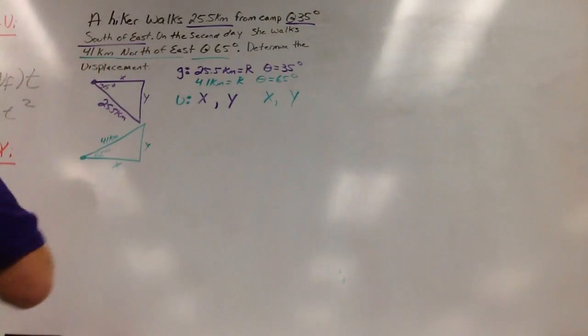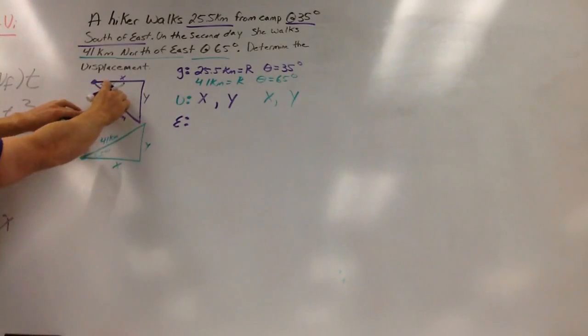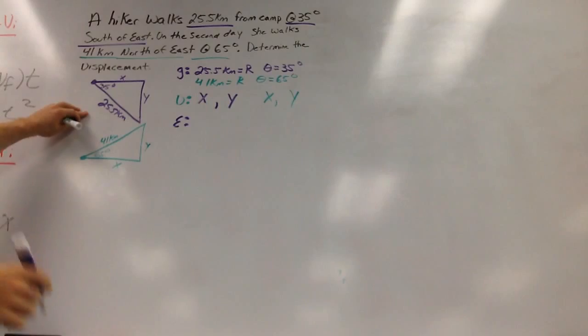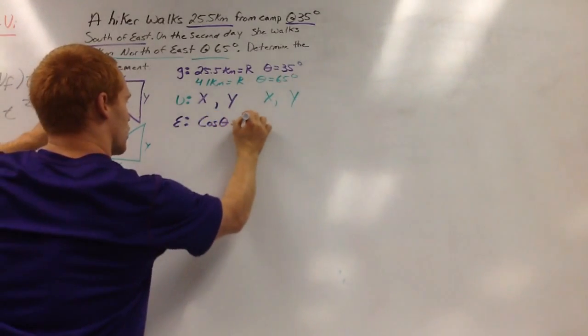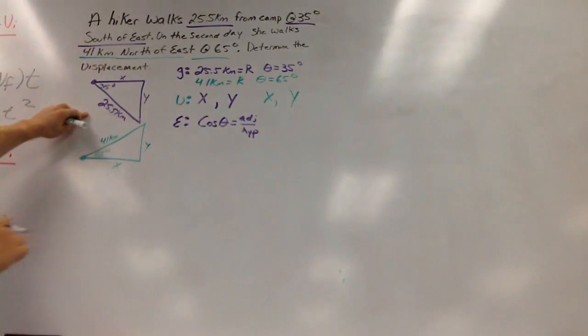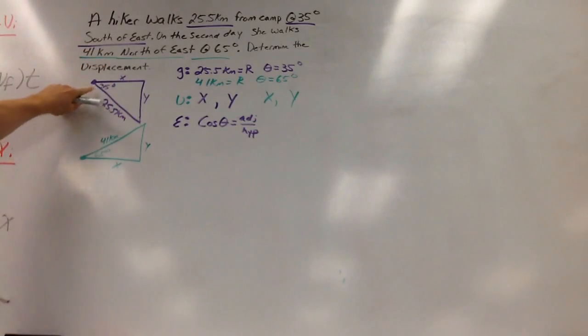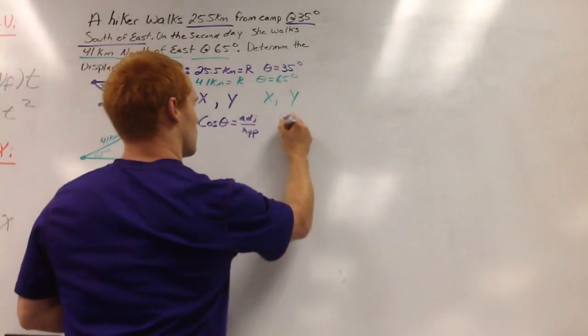So the equation we are going to use: we have hypotenuse, we have theta. Trying to solve adjacent, we're going to use cosine. So cosine theta is adjacent over hypotenuse. For y, we have theta, hypotenuse, solving for opposite, we'll use sine.